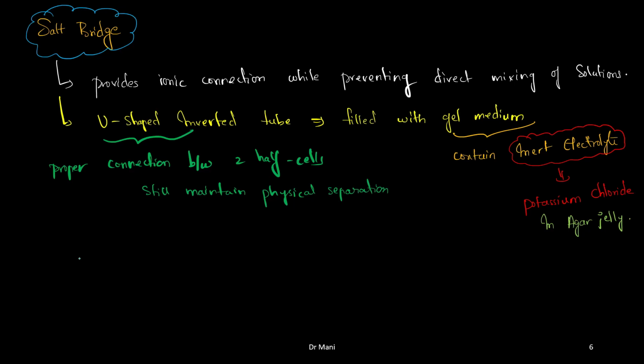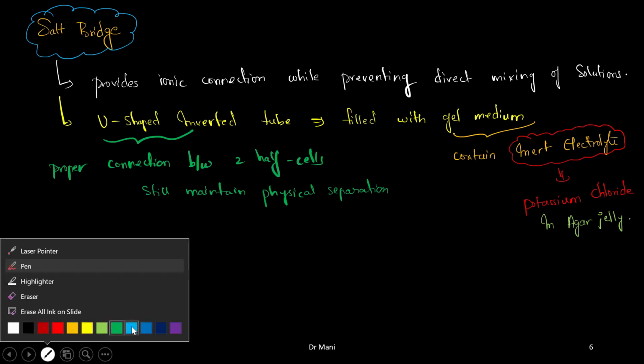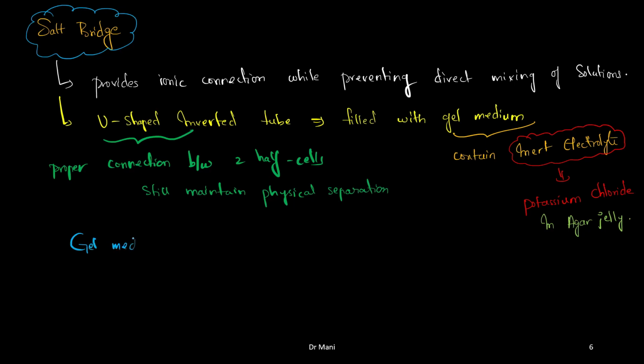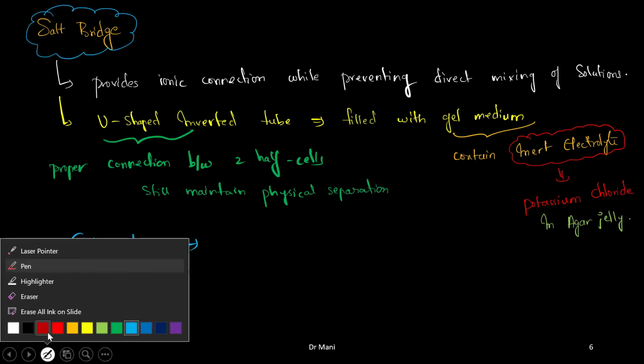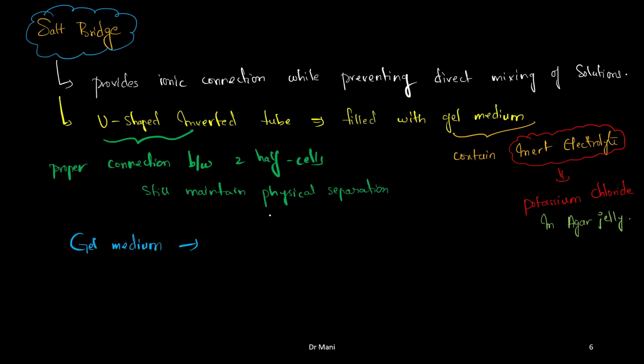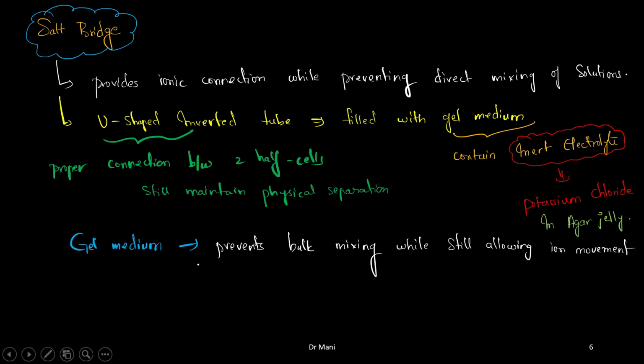So the reason for the gel medium is that it prevents bulk mixing while still allowing the ion movement.